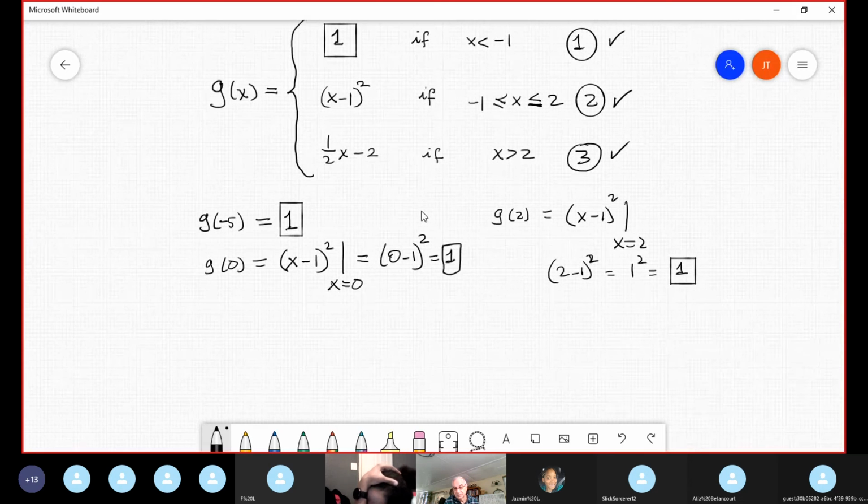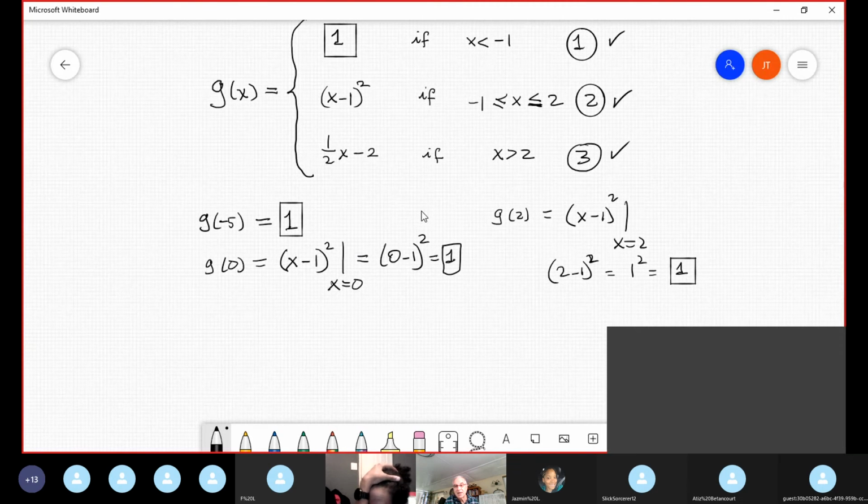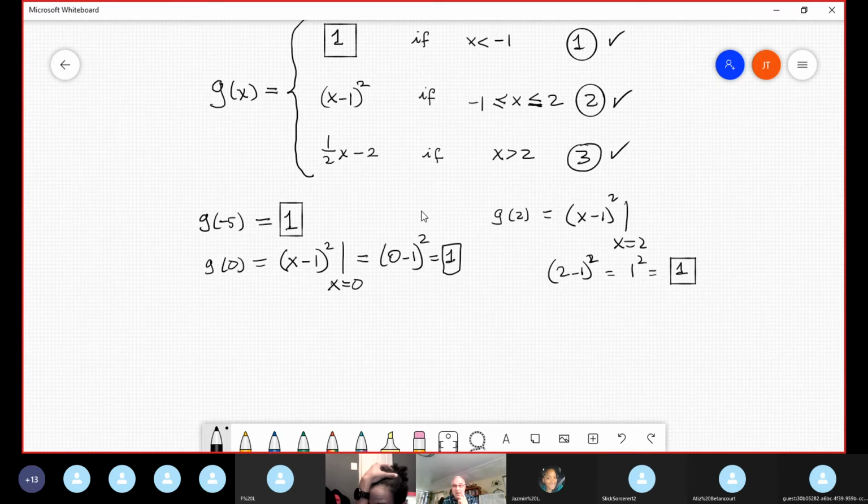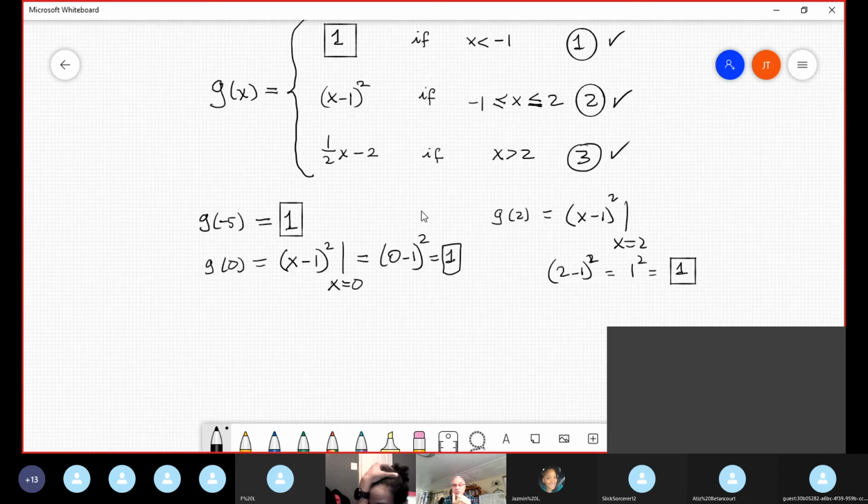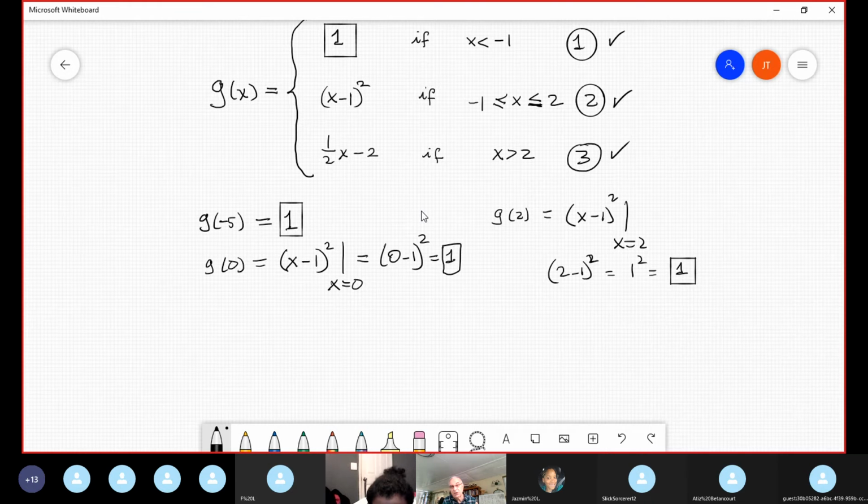At least that part. That part is just evaluating: you recognize in what interval it lies, and you select the proper expression, and you plug it inside this. Okay, this is my first problem.